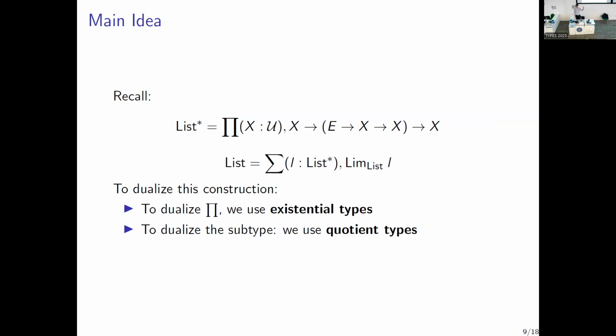So in order to dualize all this, we need suitable existential types and suitable quotient types. We shall start with the existential types and define fake streams. Then we shall discuss quotient types and define real streams. That is the order in which I shall be describing the construction.